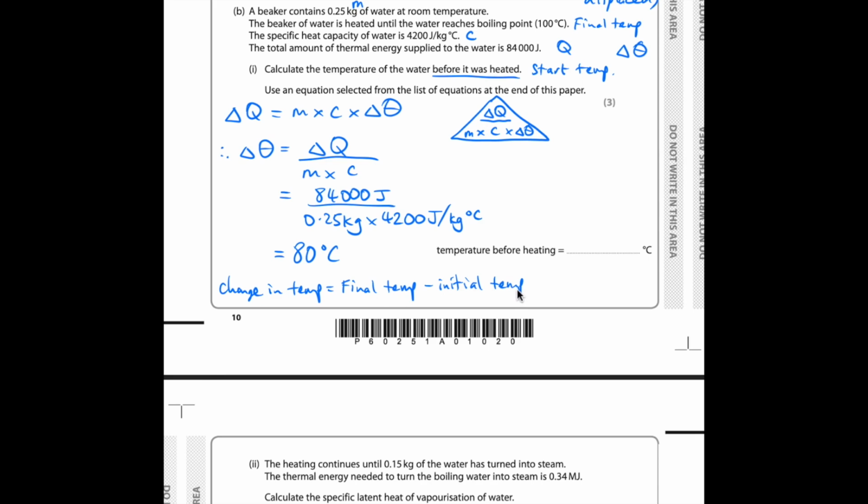So if we rearrange that, initial temperature is going to equal the final temperature, take away the change in temperature. So that's going to be 100 degrees C, take away 80 degrees C, which is going to be 20 degrees C.